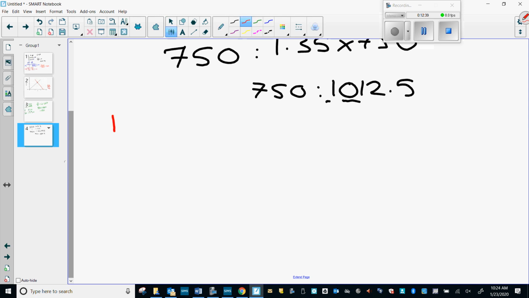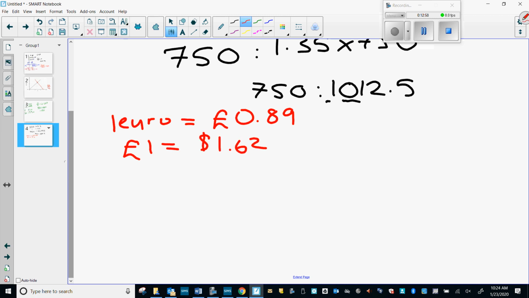So here we have exchange rates. 1 euro equals 0.89 pounds, and 1 pound equals 1.62 dollars.